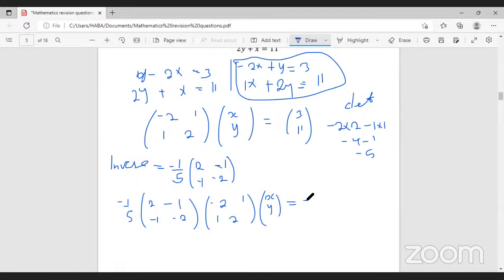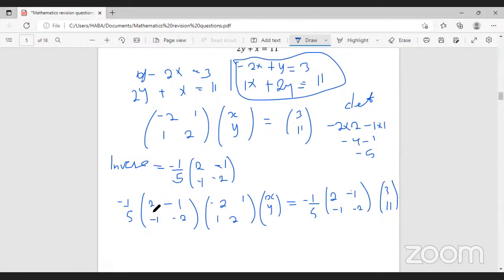So we still pre-multiply. I think I have made a mistake here. It is 2, negative 1, negative 1, negative 2, then times 3, 11.